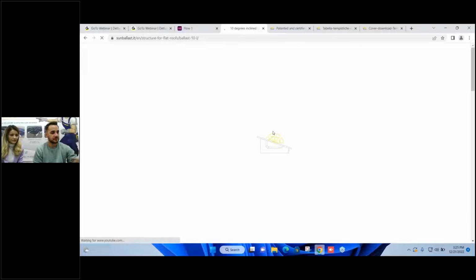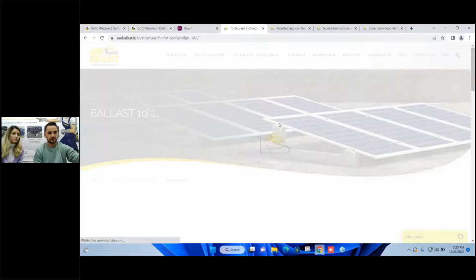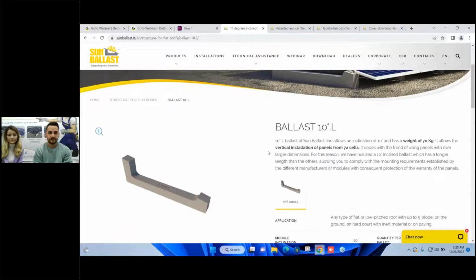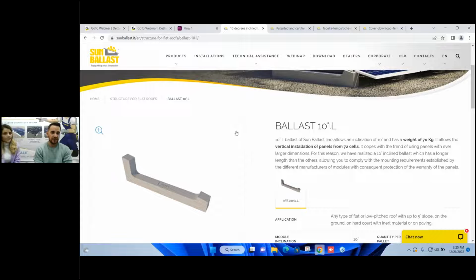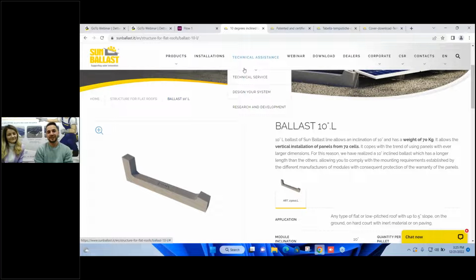It was created for this reason, to install the modules in vertical, to accommodate them. As you can see, the shape of this ballast is almost similar to our other ballast, which is 10 degrees. We call that 10V. This is 10L, where L stands for large. As you can see from the shape itself, it's very long and supports the 2 by 1 models in vertical position.